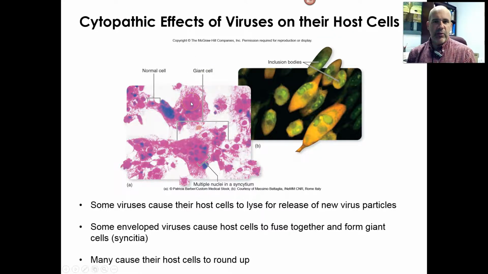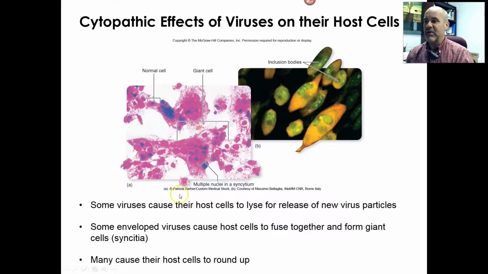So different viruses will cause different cytopathic effects. This is a picture from your textbook, which is showing you that some viruses will actually cause host cells to fuse together. And that can happen because if you think about it, when a virus is budding out of its host cell, it might attach to another nearby host cell that is really close, and then the membranes of all of those things fuse together.